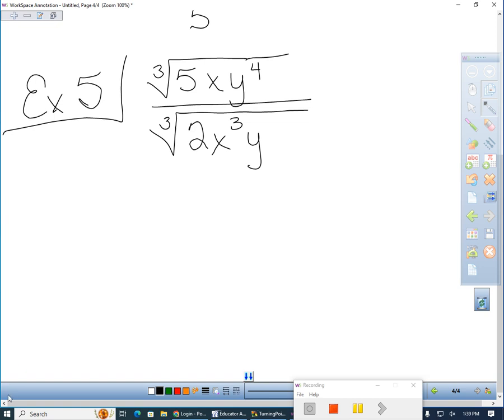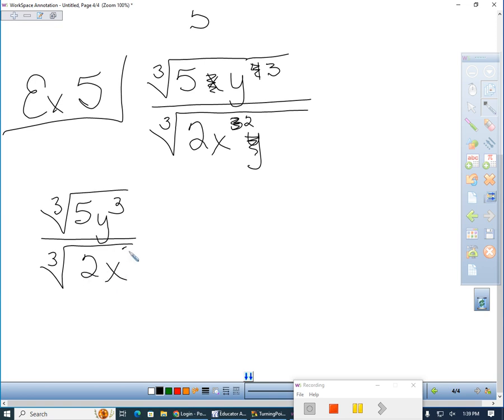Can I reduce my numbers? What about my x's? I get rid of this x on top with one of them on the bottom, right? Okay, what about my y's? I get rid of my y's on the bottom with one of them up here. So I have the cube root of 5y to the 3rd over the cube root of 2x squared.